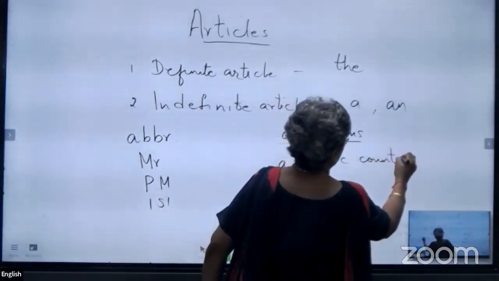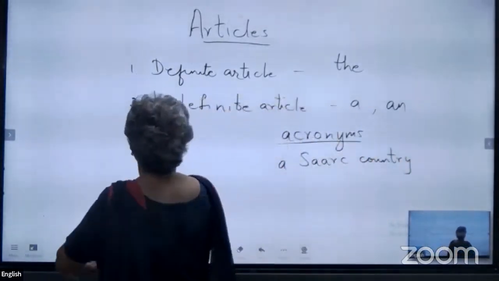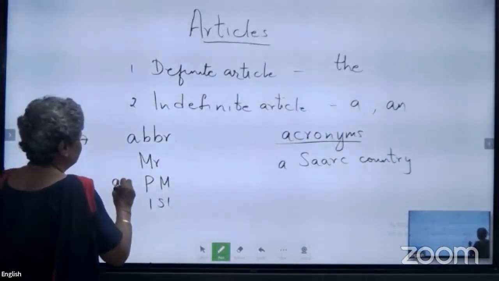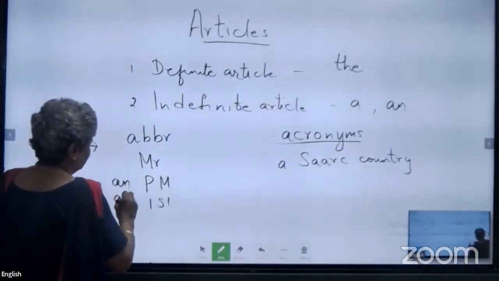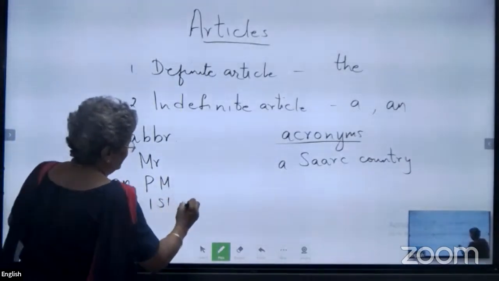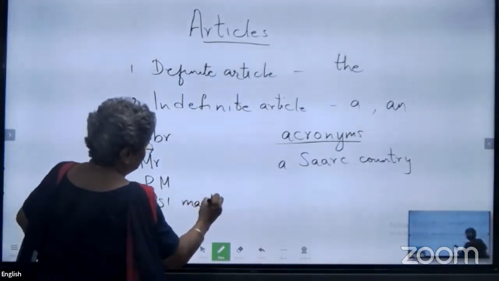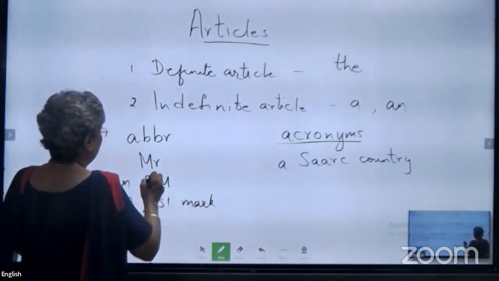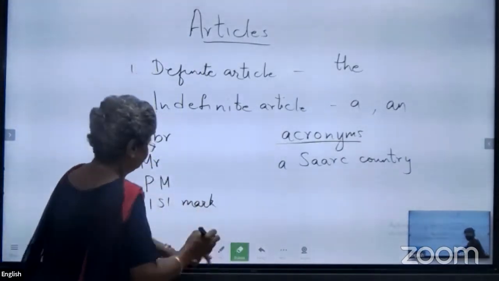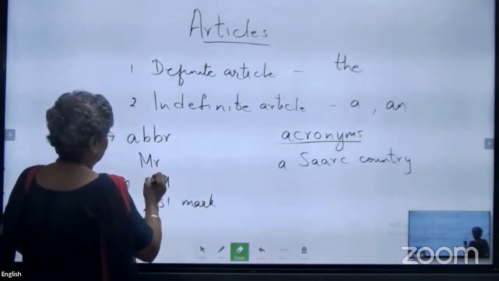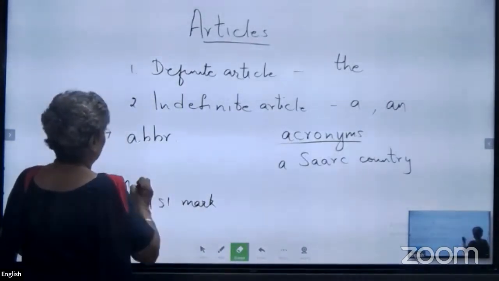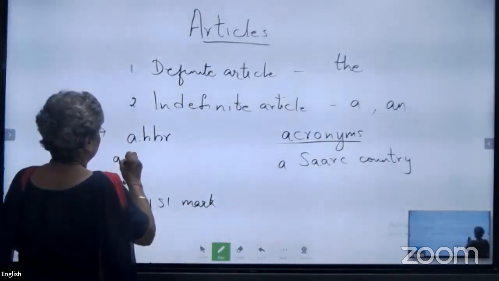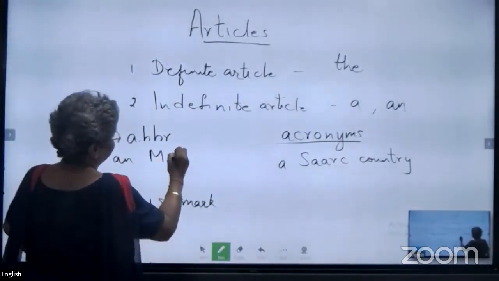You don't write an, but before an abbreviation, you write an: an ISI mark. Then a member of parliament, MP.